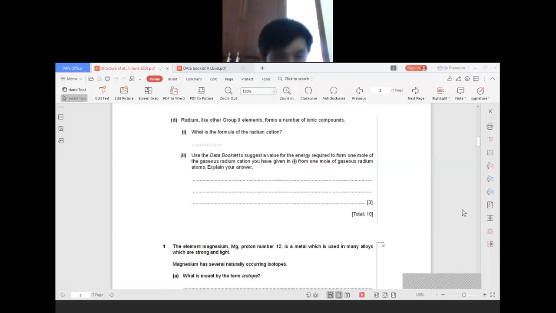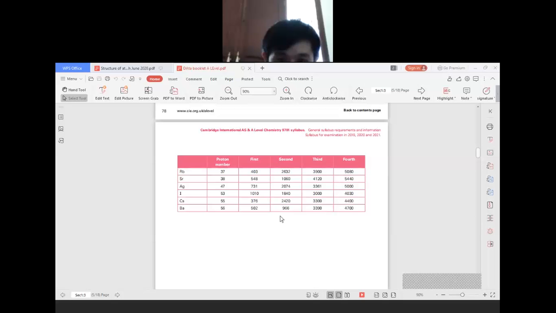It could be, yes, it is correct. But it should not be above 1,400, because barium itself is 1,468, so the radium should be less than that.